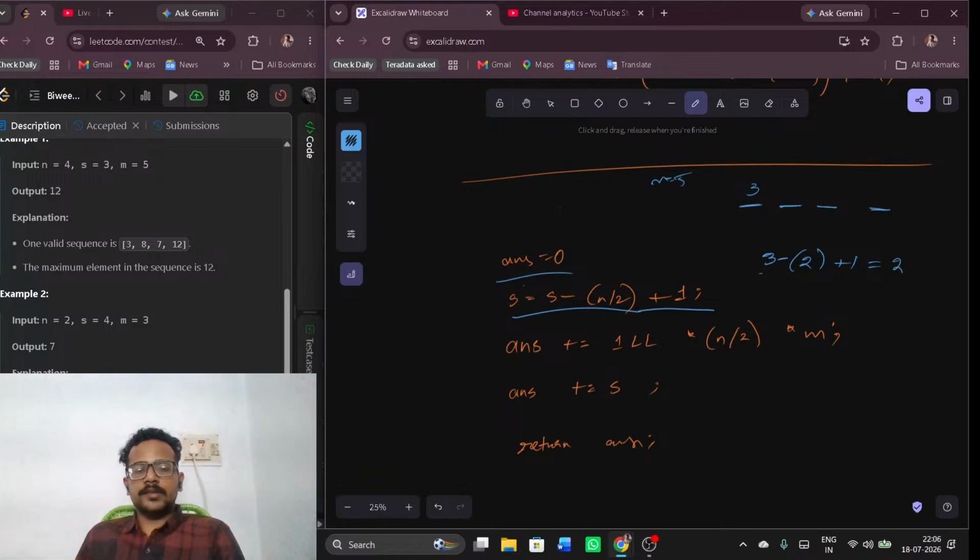So you are saying s would be reduced to 2. Okay, n by 2 into m: 4 by 2 is 2, 2 into 5 is 10. So the answer is 10 plus 1 plus 3, not 3, it is 2.